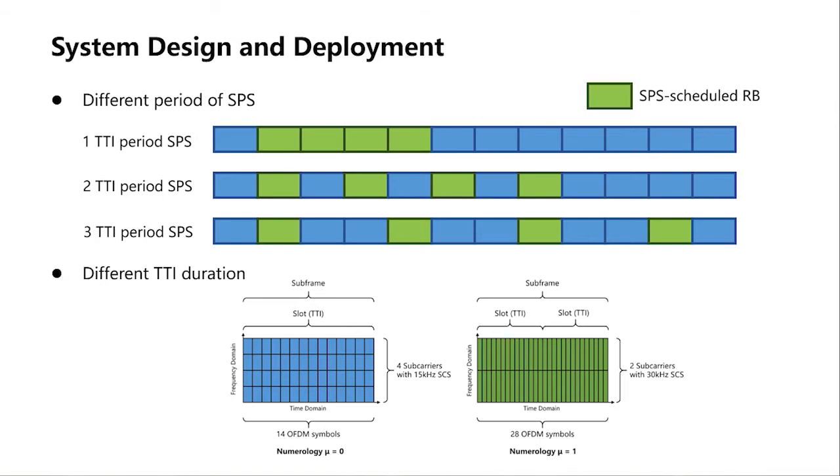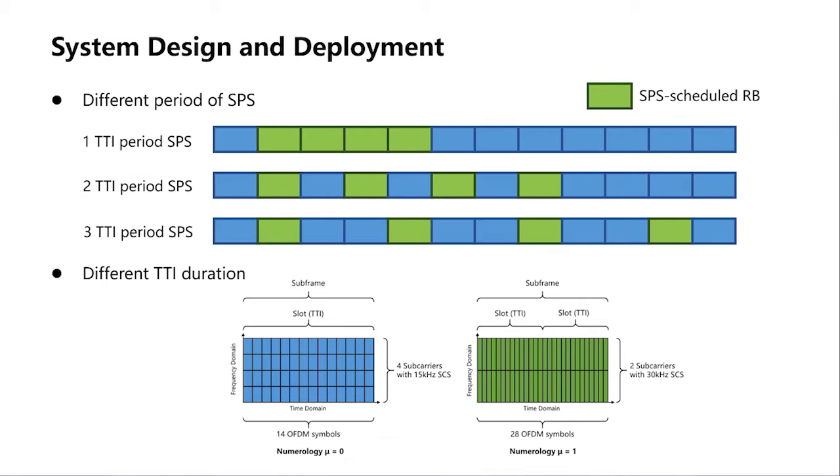To achieve semi-persistent scheduling, first we disabled the uplink scheduling request and grant procedure. Then we use the subframe number as an index to allocate uplink resource to the UE to implement the behavior of SPS. We also set different periods of SPS.